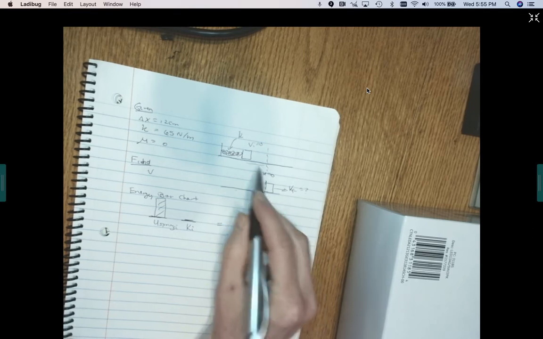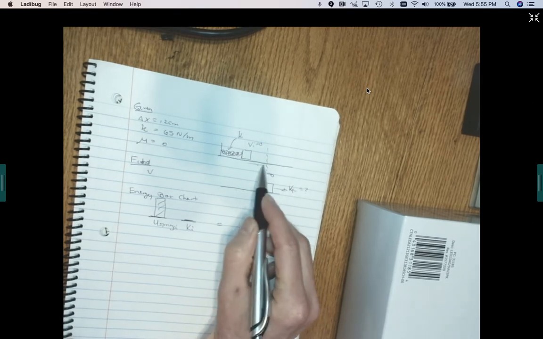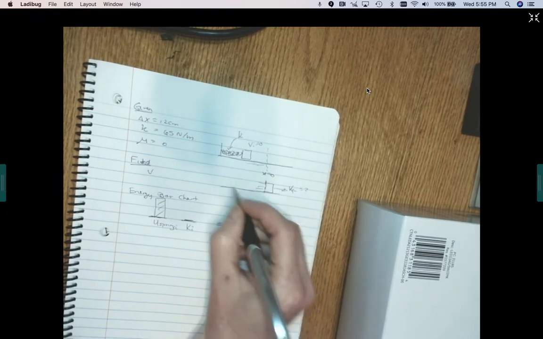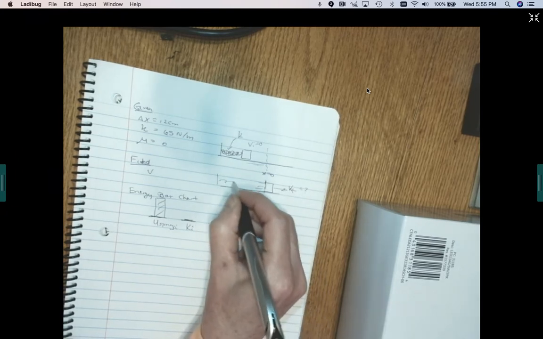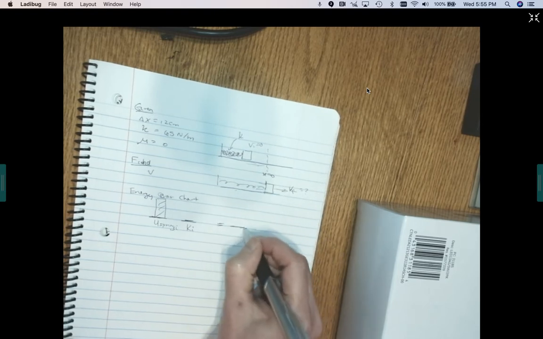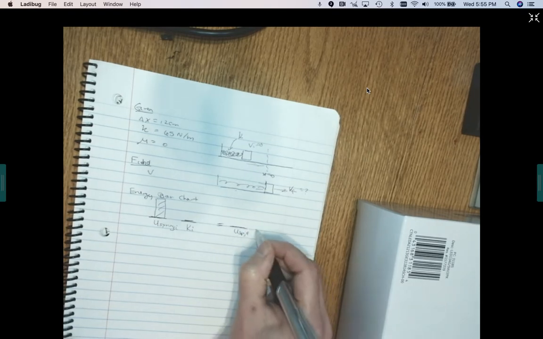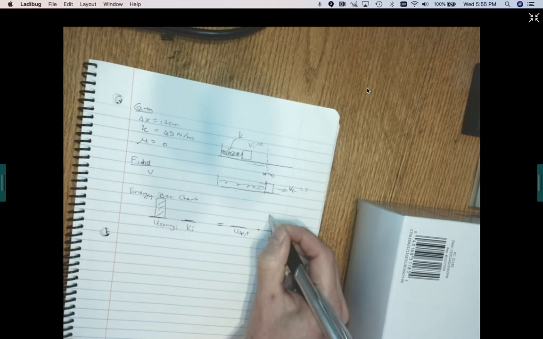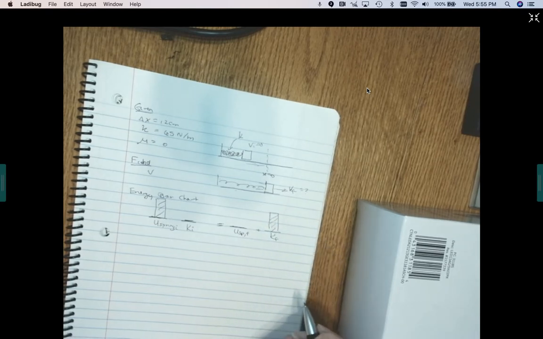Afterwards, there's no friction, so we don't need to worry about anything else happening as the block's sliding. At the end, the spring will have stretched out back to its original length, so my spring energy final is 0. And I'm going to have some kinetic energy that will be equal to the energy stored in the spring originally.